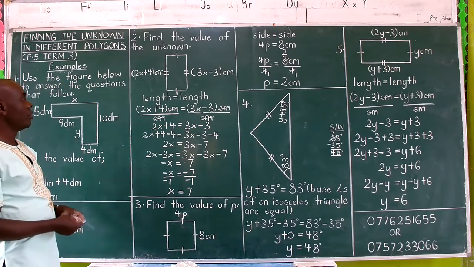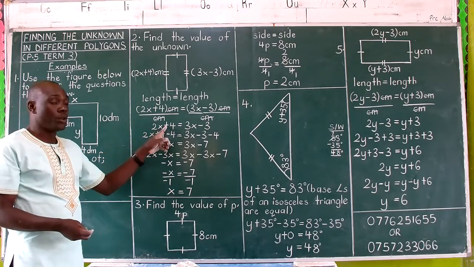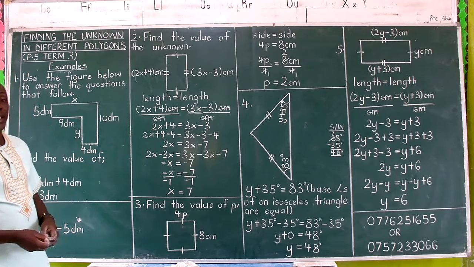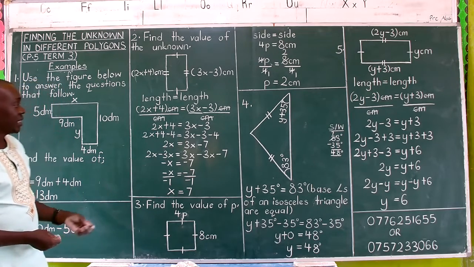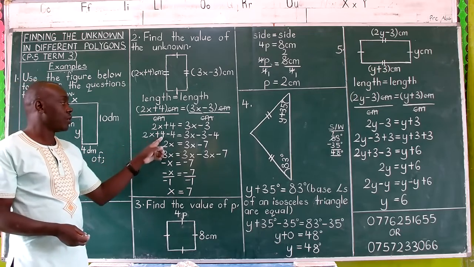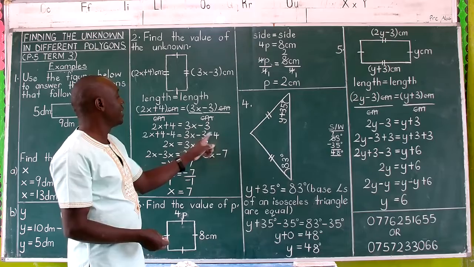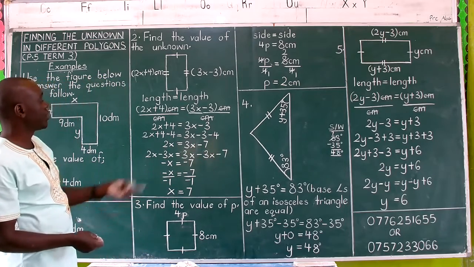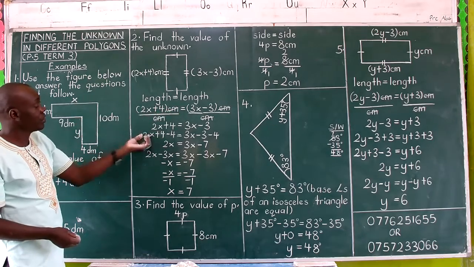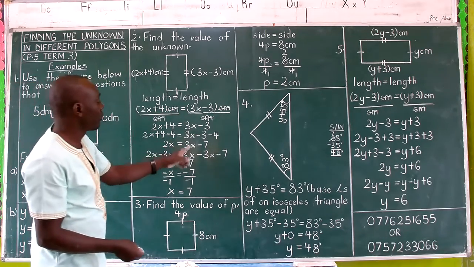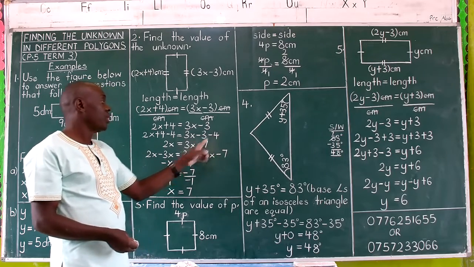Now we move. If it is a plus 4 in algebra, we introduce a minus 4 either side so that we collect like terms properly. So we go 2x plus 4 minus 4 equals 3x minus 3, then minus 4 because we did subtract this side. Where 4 minus 4 is a 0, so remaining 2x this side. And now here I've got 3x, then negative 3 take away 4.